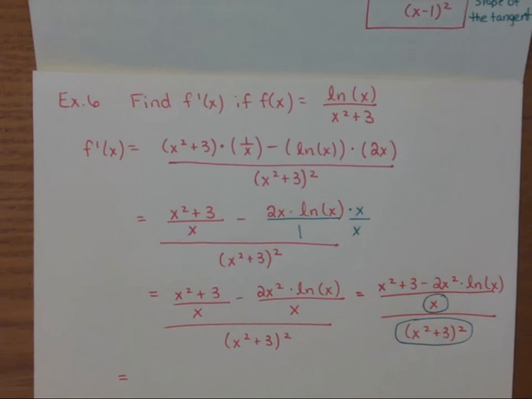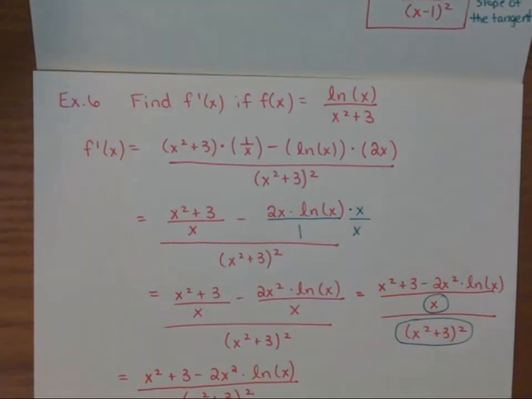So when you have a problem like this, you can condense it a little bit more. Notice the numerator is going to stay. By the way, I cannot combine these x squared terms because of this ln of x connected. They're not like terms. But I can condense these two denominators together, and I'm just going to multiply them. So you can say it's over x squared plus 3 squared.